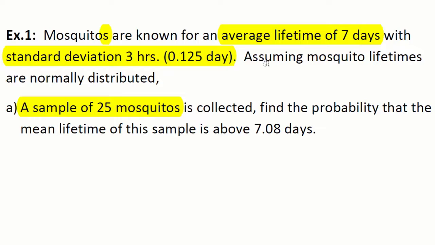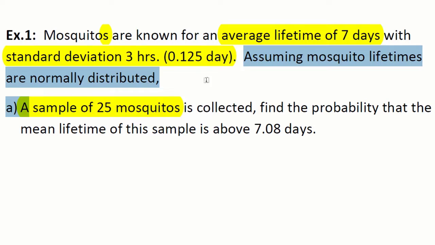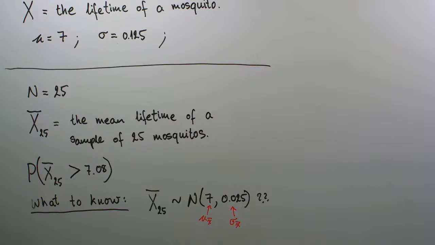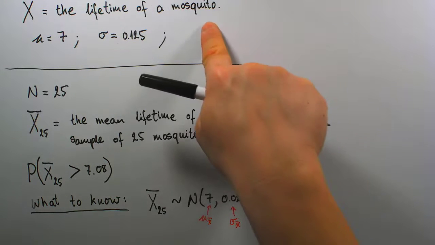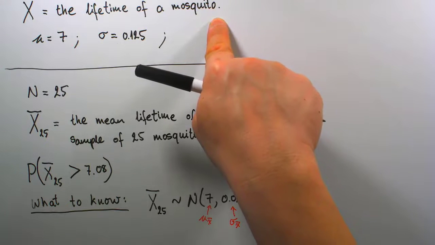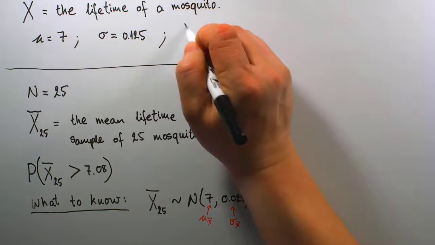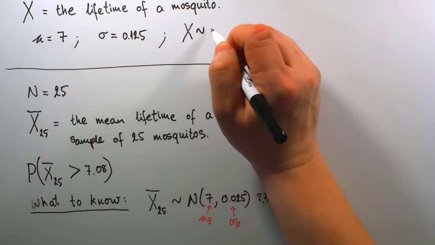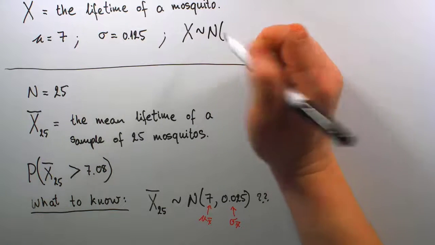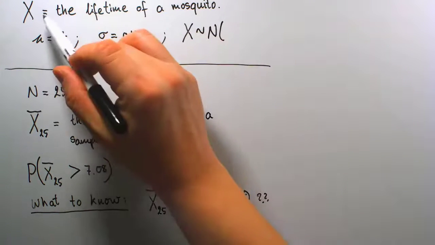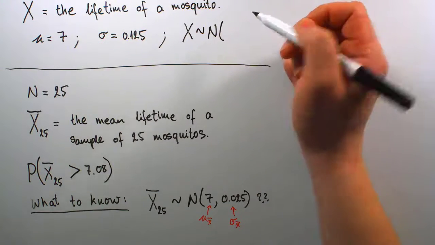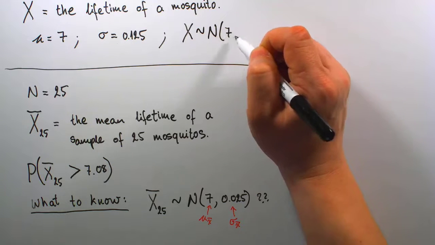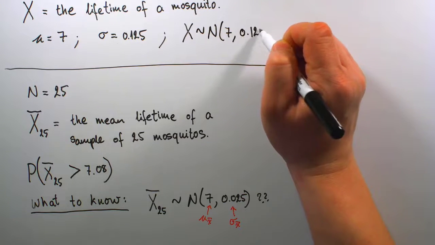And that includes this piece of information: assuming mosquito lifetimes are normally distributed. According to what we have learned before, this is an indication that our beginning distribution of mosquito lifetimes was already known to be a normal distribution. So this population was on a bell curve, at center 7 but with sigma 0.125.